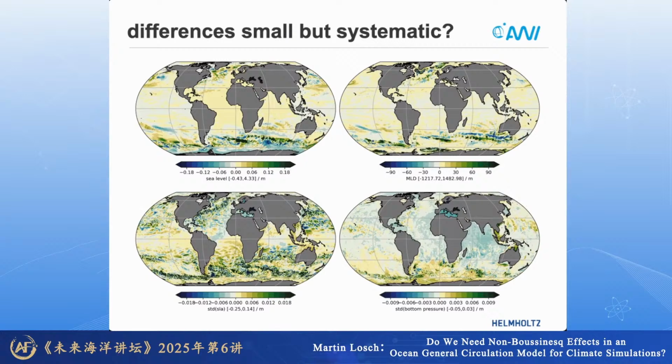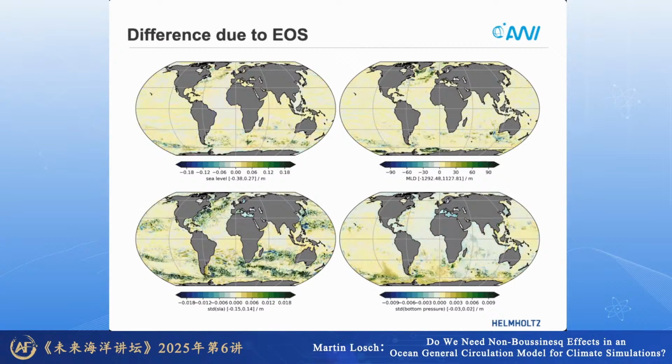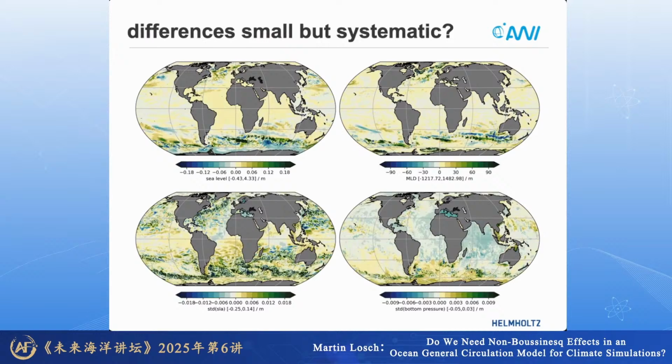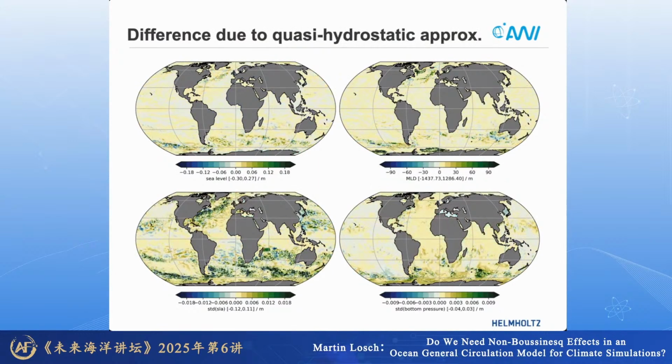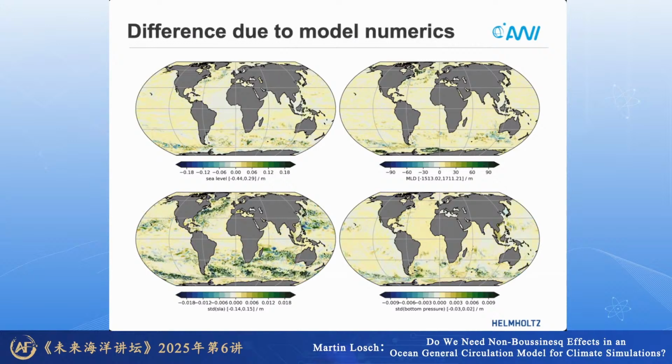And if you compare this now to differences due to the equation of state, same game as with the 4-degree model, it's again a similar order of magnitude. Maybe the Boussinesq model differences are larger. And here again, this quasi-hydrostatic approximation difference is also there, but maybe, again, the Boussinesq effect might be larger. And here I also tried to change the model numerics.